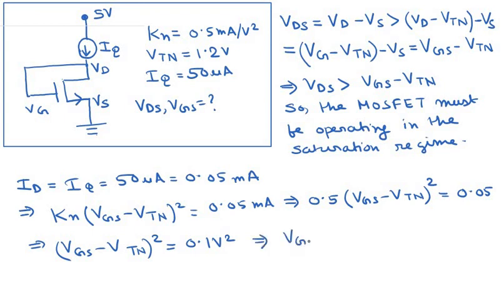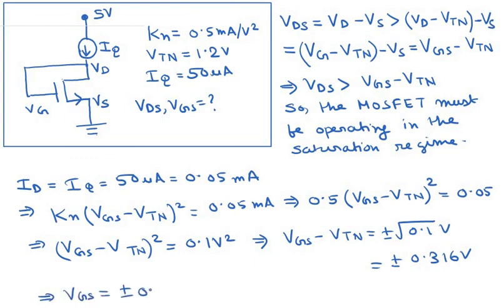So VGS minus VTN is equal to plus minus root over 0.1 volts, which is equal to plus minus 0.316 volts. So we again have the same solution, that VGS is equal to plus minus 0.316 volts minus VTN, and VTN is 1.2 volts.